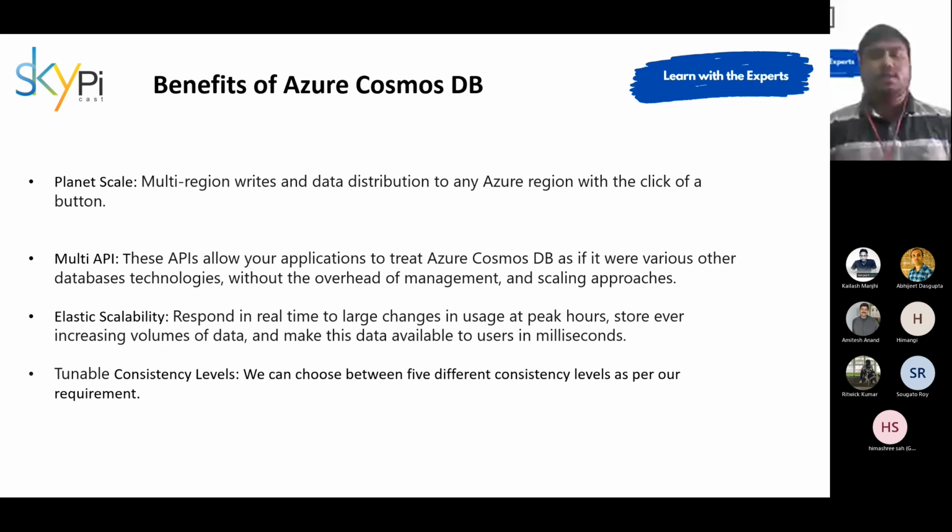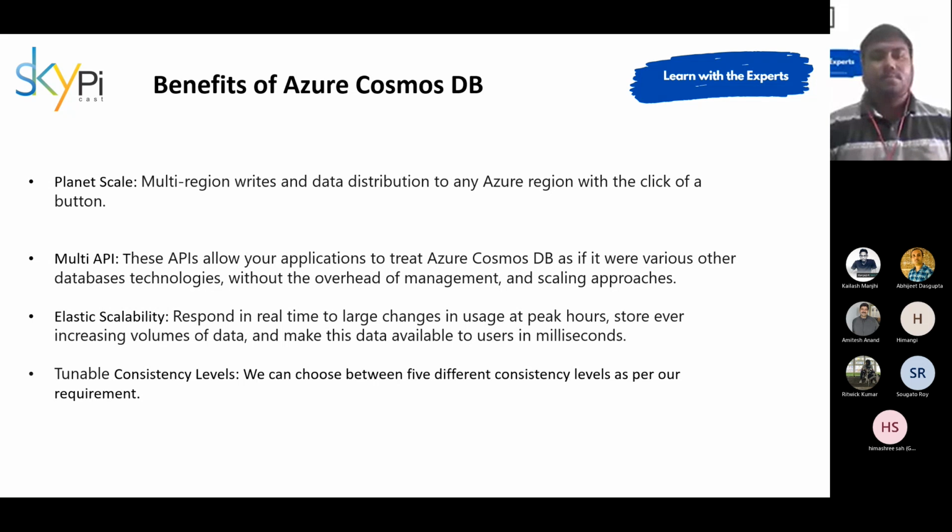Let's say a horde of users arrive, and the peak user time is around 6 p.m. IST. We don't have to wait and scale the database as we anticipate the users increasing at 6 p.m. The database will do that for us, and it will do that in milliseconds. And the changes will be taken care of for us.